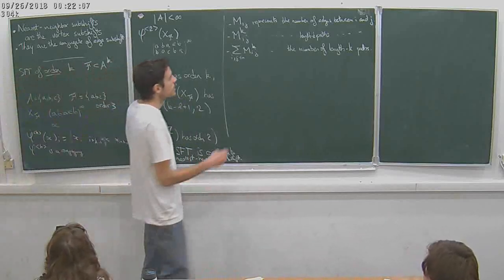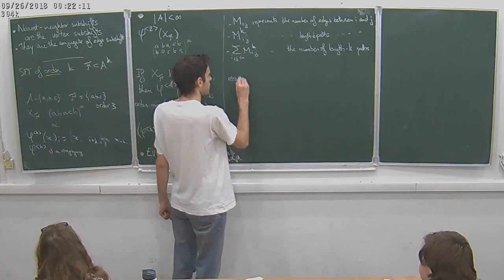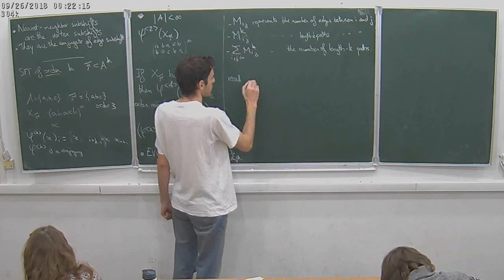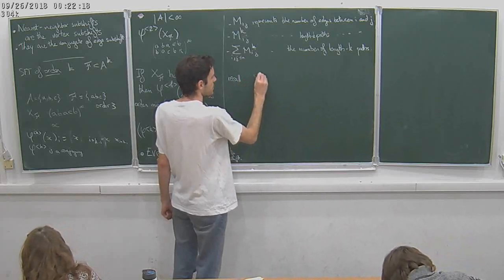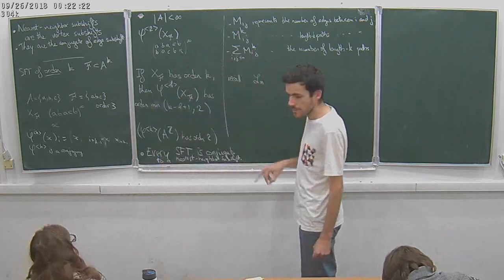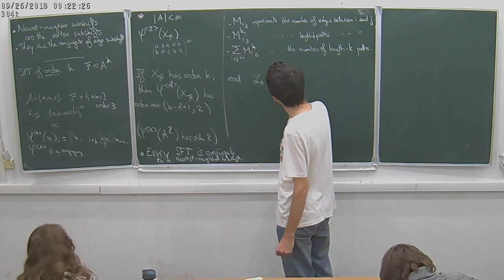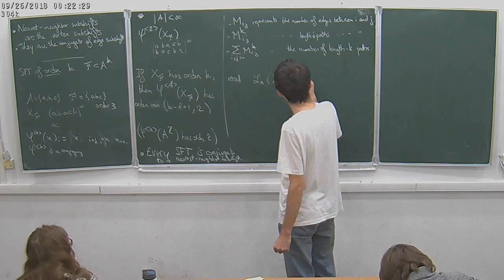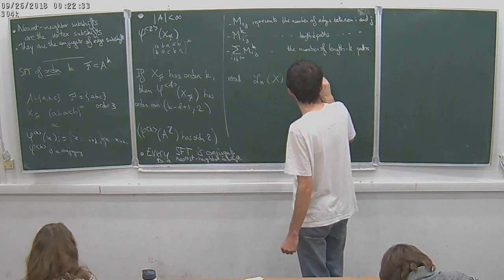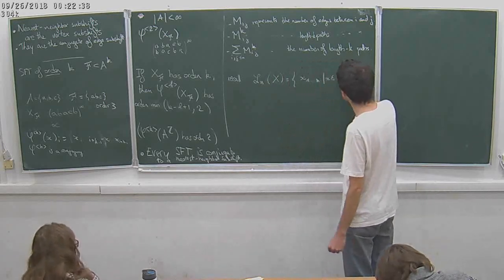So the entropy. First of all, the language of order n of a subshift is the number of patterns of length n in this subshift.